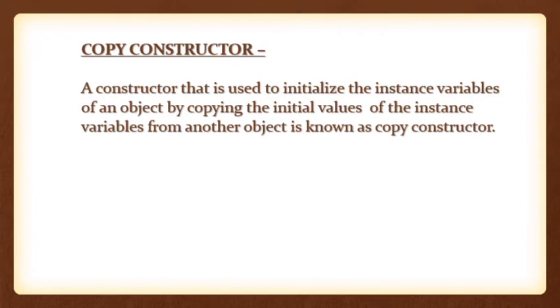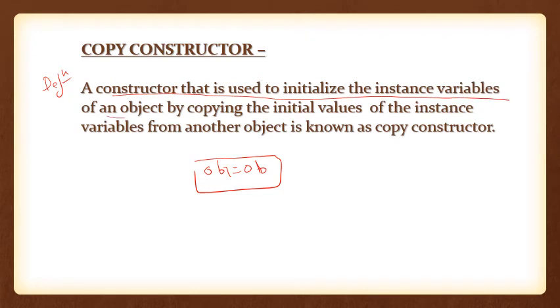The next type of constructor is the copy constructor. A constructor that is used to copy the value of one object into another is known as a copy constructor. See the definition here: a constructor that is used to initialize the instance variables of an object by copying the values of the instance variables from another object is known as a copy constructor.